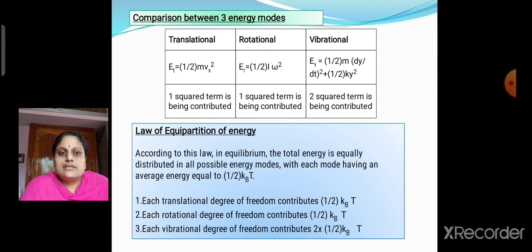That is, each translational degree of freedom contributes half kBT. Each rotational degree of freedom contributes half kBT, and each vibrational degree of freedom contributes 2 into half kBT, which is kBT.